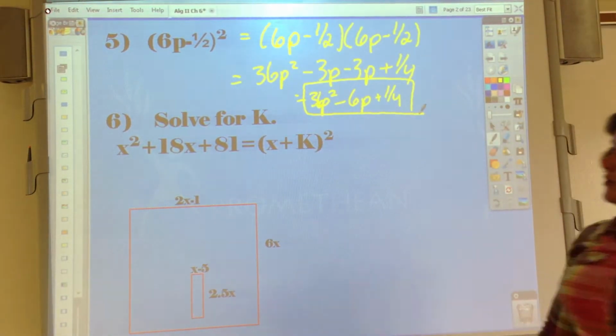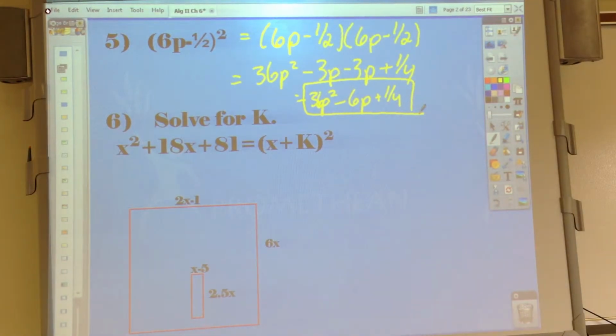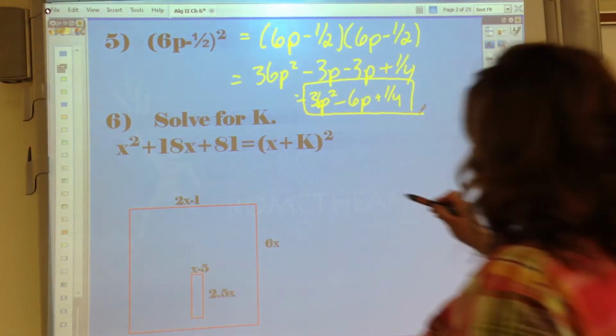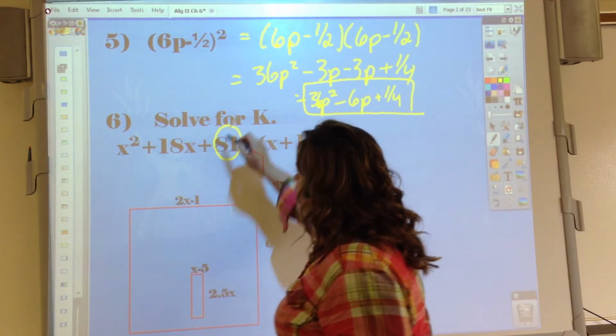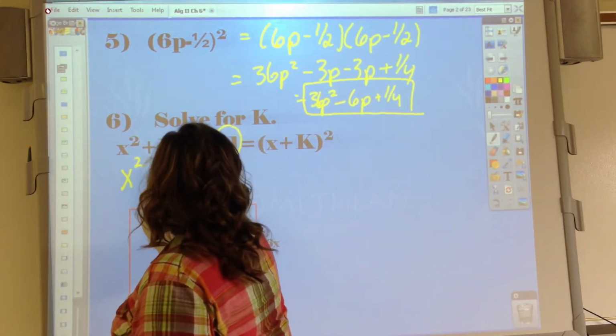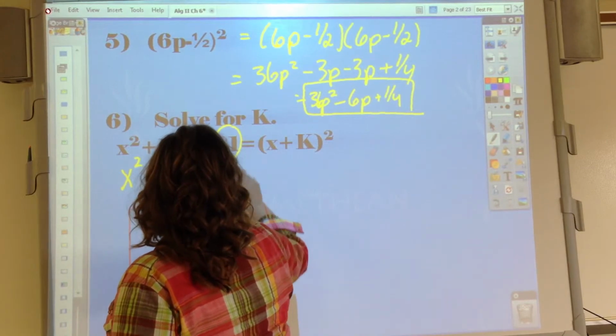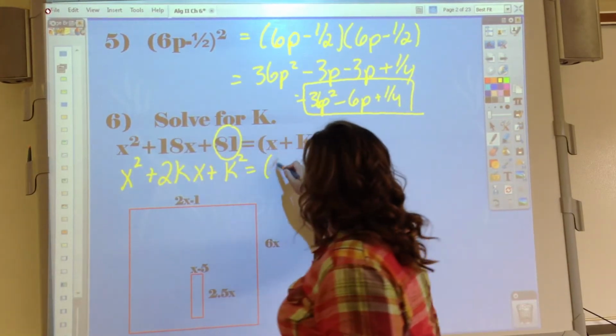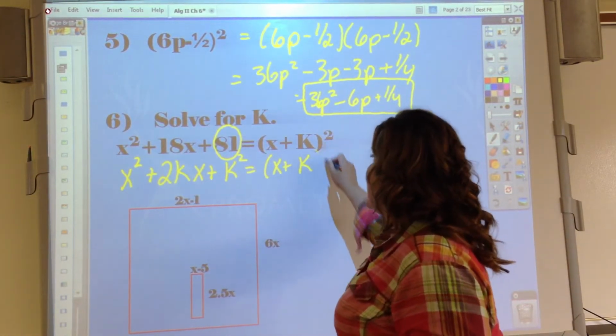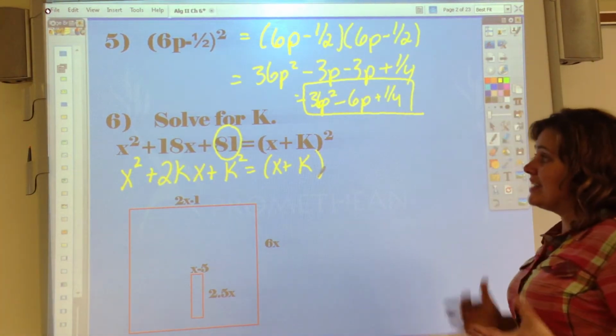All right, let's look at number 6. To solve for k, I need to know what multiplied by itself gives me 81. And so right here, if I'm following the format that x squared plus 2kx plus k squared equals x plus k squared, tell me, what does k have to equal?